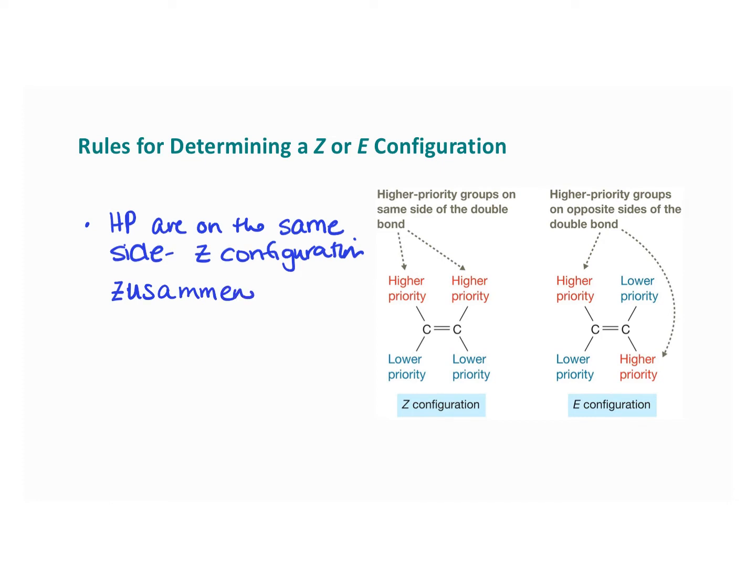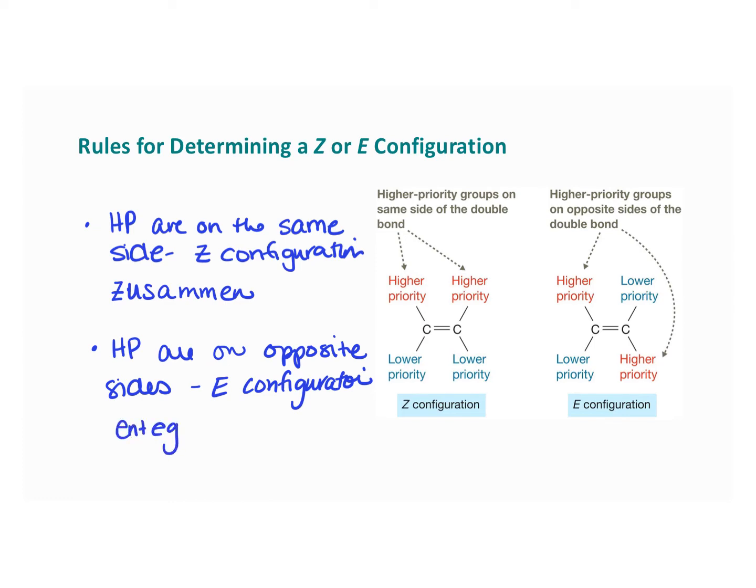And if the high priority groups are on opposite sides, that's the E configuration. That comes from the German word entgegen, which means opposed.